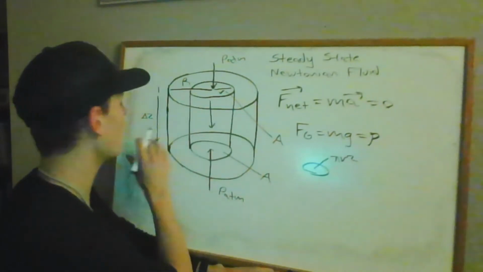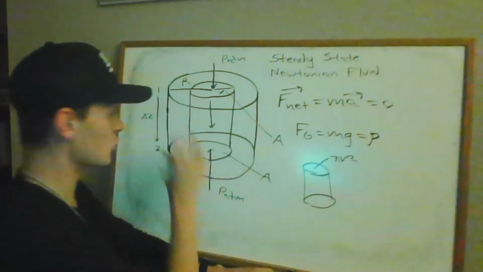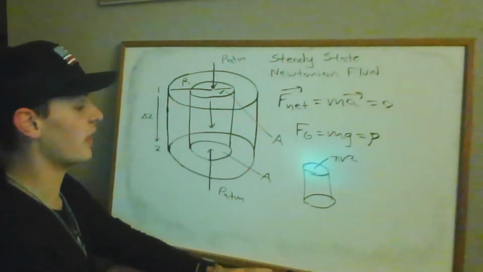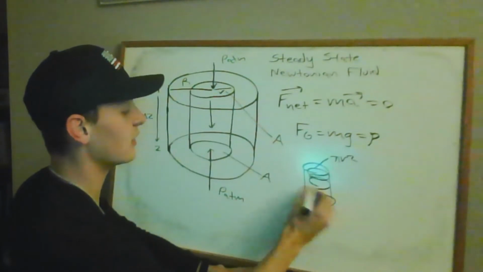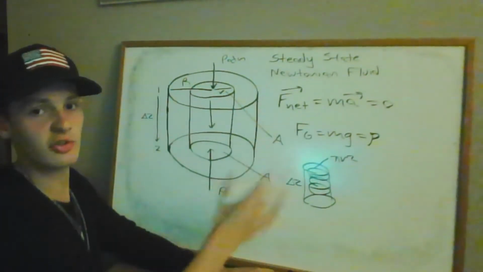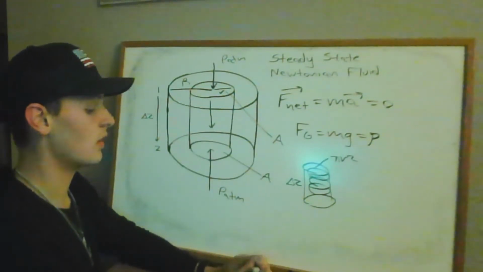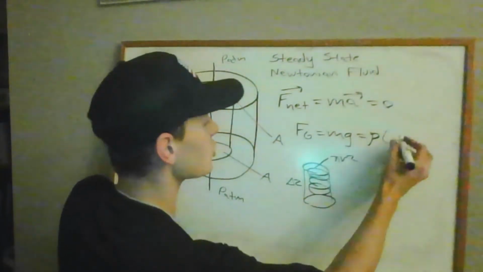And then when we're talking about the volume of our controlled volume that we selected, we need to account for all these circles moving downward through some altitude, right? And that's going to be delta Z. And we know this expression, right? This is the volume of a cylinder, okay? But that is going to be specifically our controlled volume.